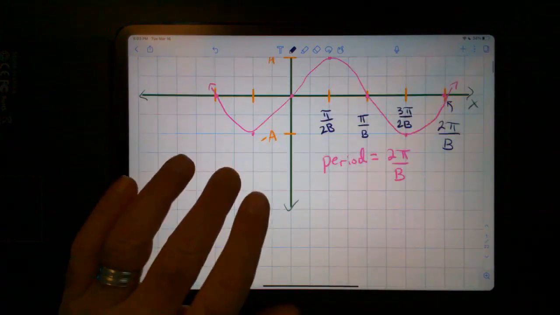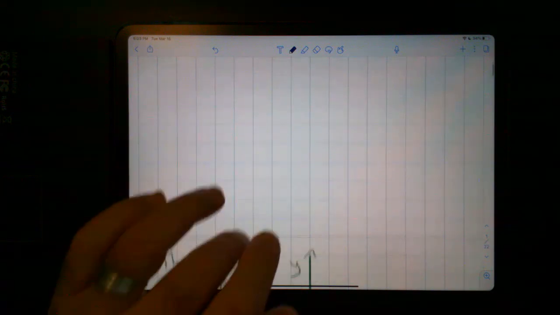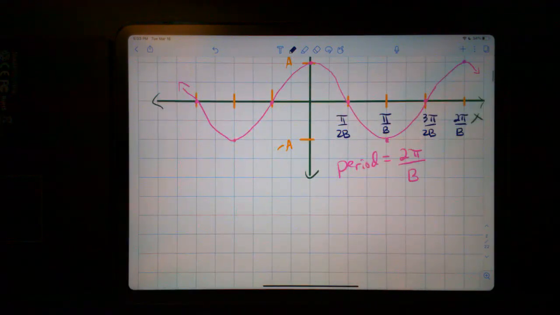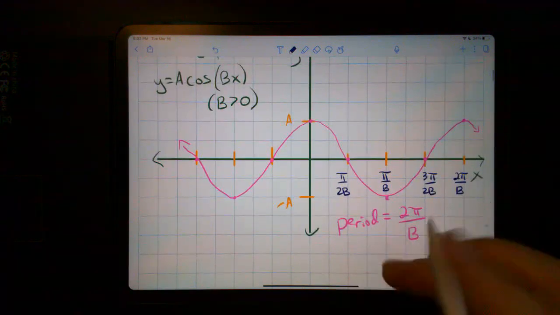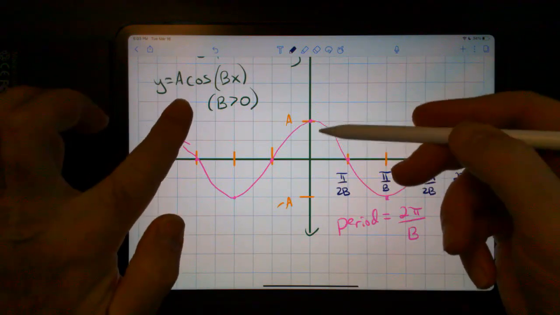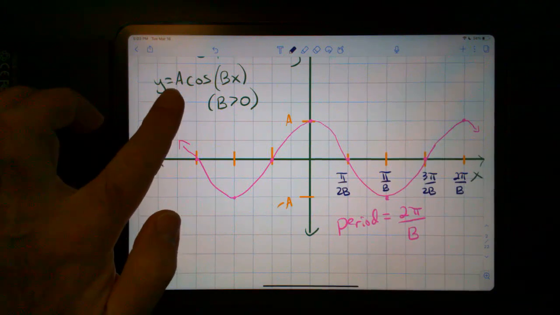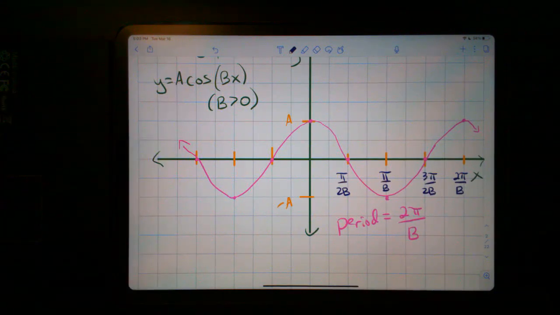Same as the last one. It's going to go up a units and down a units. And that's your basic shape of y equals a cosine bx.